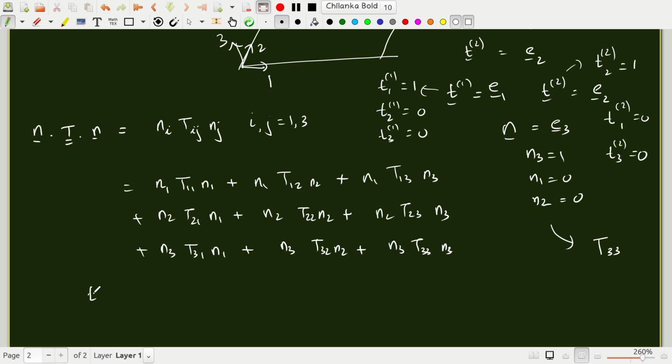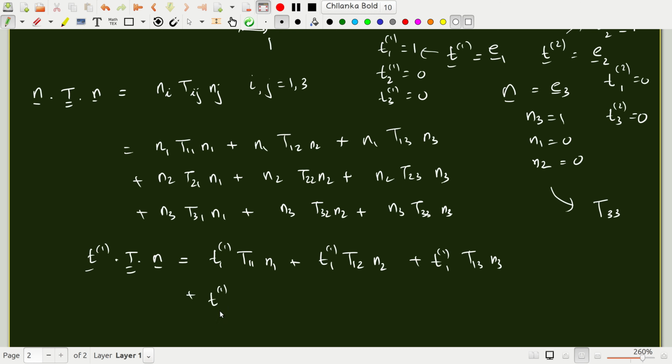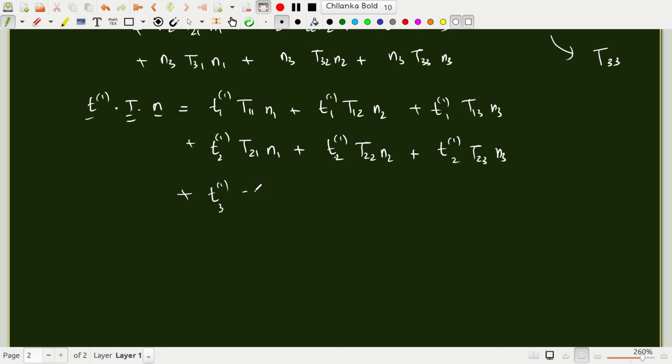Using this, if I find out t1 dot T dot n and expand this out, I get t11 T11 n1 plus t11 T12 n2 plus t11 T13 n3 plus t12 T21 n1 plus t12 T22 n2 plus t12 T23 n3 plus t13 T31 n1 plus t13 T32 n2 plus t13 T33 n3.